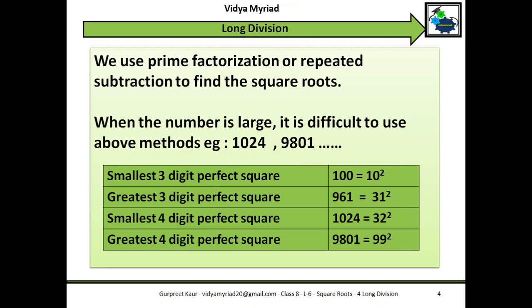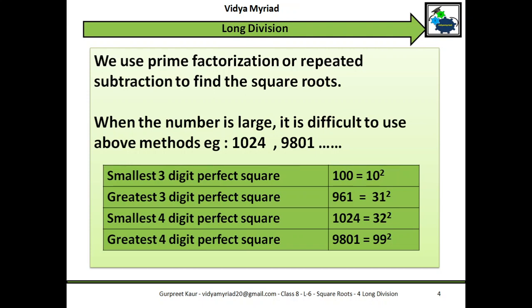So it becomes difficult to do the prime factorization or the repeated subtraction. So what we are going to do is, there is a method known as long division, which is very simple and very easy. Just 3-4 steps you need to know, and with the practice you will surely be able to find out the square roots.